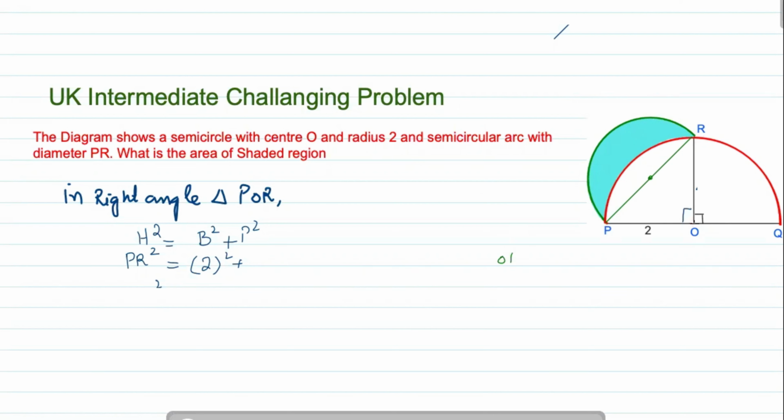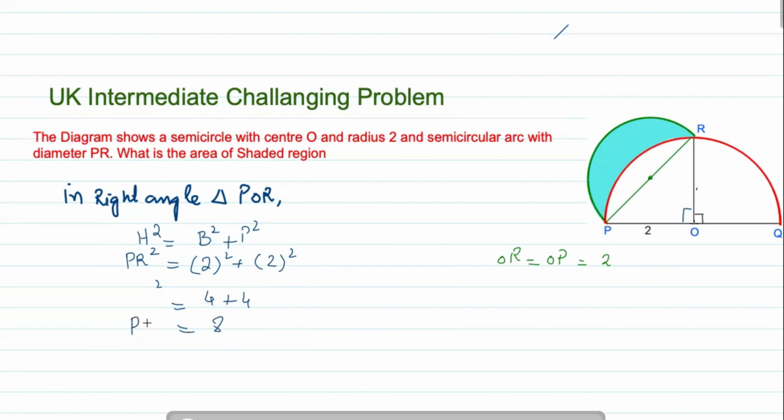Now this length OR will be equal to this length OP because OR is also the radius of this semicircle. Therefore, we can write this length is equal to 2. Now, therefore, the perpendicular length is 2 whole square. Now, that value will be equal to 4 plus 4 and that's equal to 8.